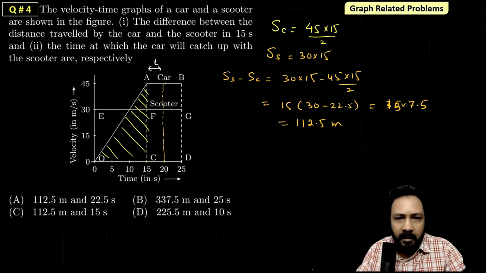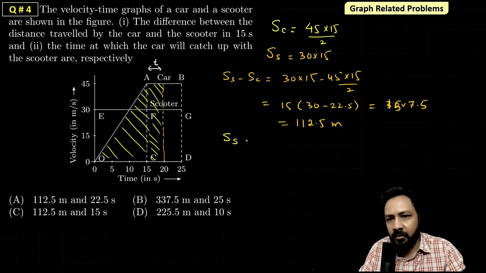By that time, the displacement of the car would be this area, and the displacement of the scooter would be from here to here. When they catch up, the displacement of the scooter is equal to the displacement of the car. The scooter is moving with a constant velocity of 30, so its displacement would be 30 into 15 plus t.